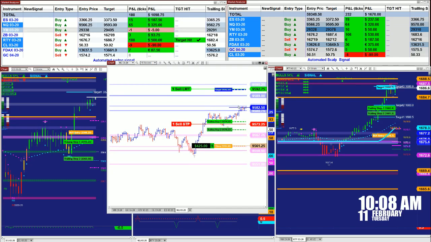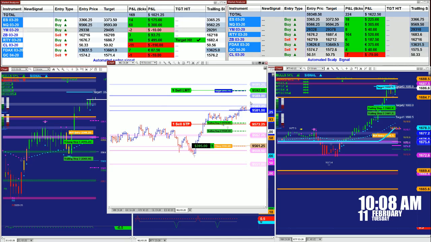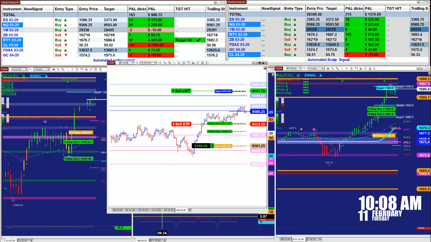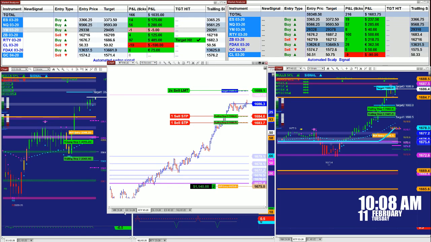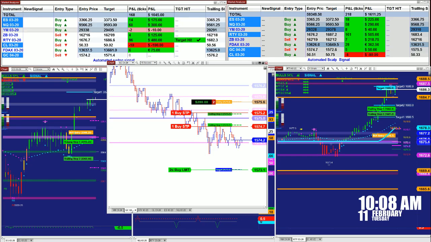We need to cross that resistance line, right? If it's not, then it's going back to this area, 9573. So Russell, we are still waiting to cash in. Also here it is waiting to break this number.